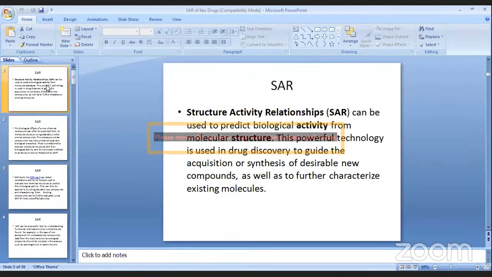So I am going to start with the biological activity and the relationship with the structure of the compound. So why am I going for the SAR?